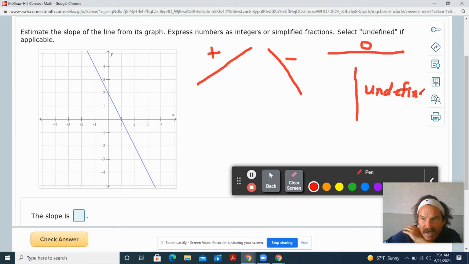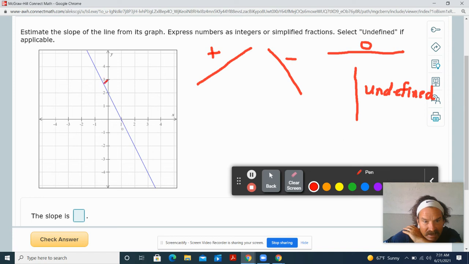Sometimes people say no slope, but I'd rather you say undefined, because no slope can be confused with zero. So flat lines are zero, vertical lines are undefined. This blue line here is definitely a negative slope.